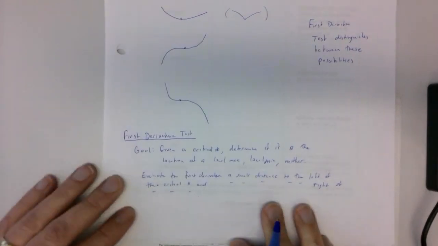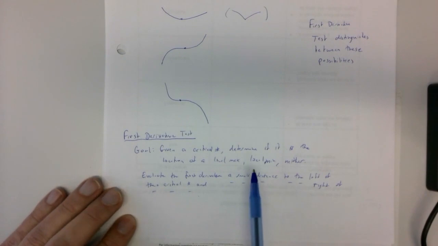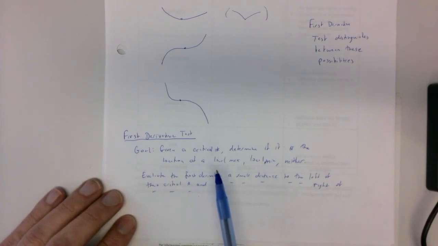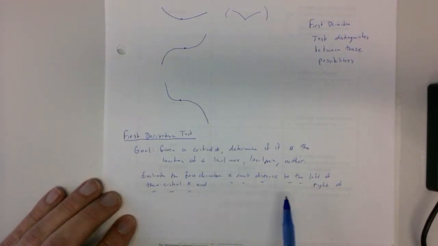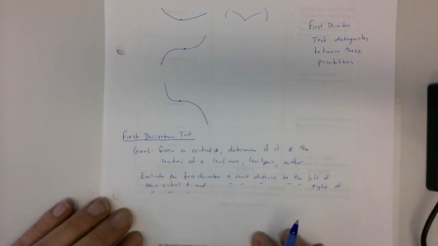Okay, by small distance, what I mean is you go far enough so that you don't pass by another critical number and that you don't pass over a point of discontinuity. Other than that, it doesn't matter how far you move away from the critical point.